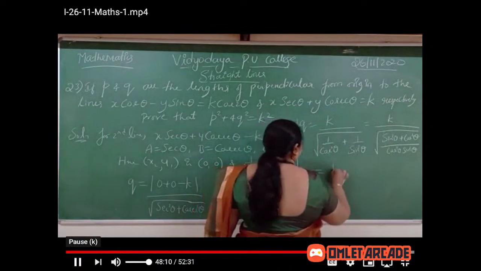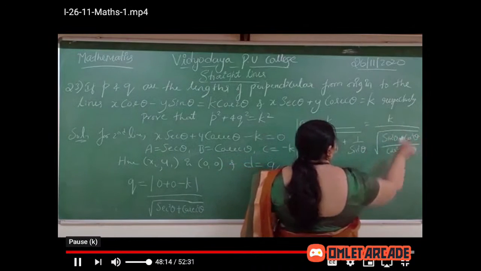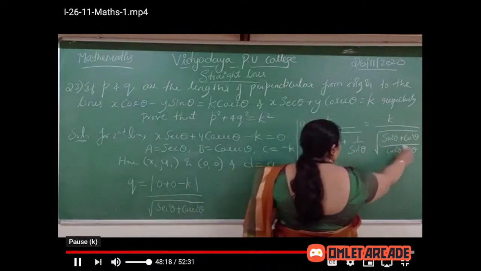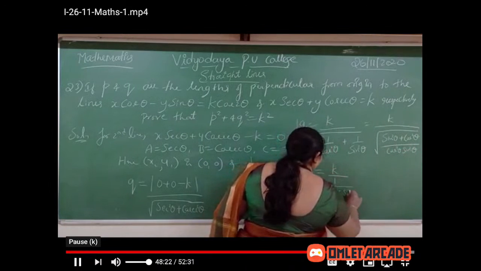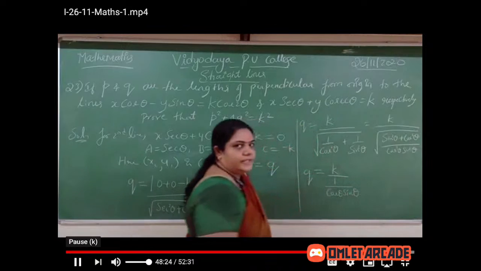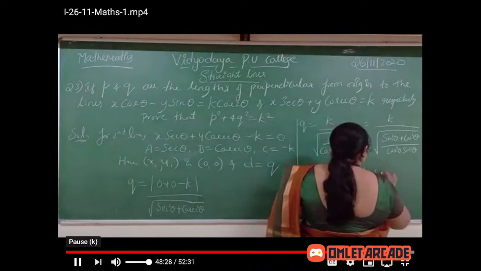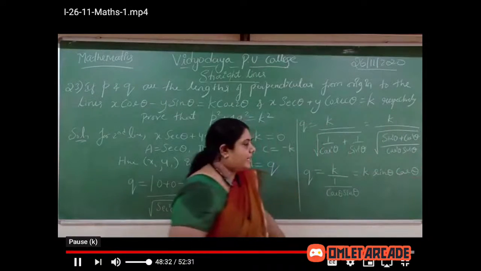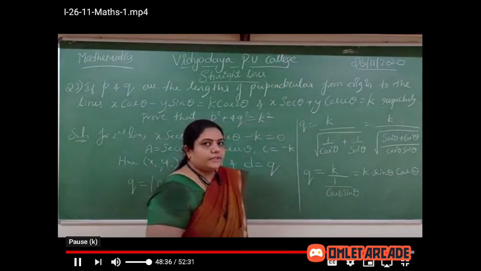So q will be k divided by root of sine square theta plus cos square theta, which is 1, divided by root of cos square theta sine square theta, which will be cos theta sine theta, isn't it? So this is equal to k into sine theta cos theta.